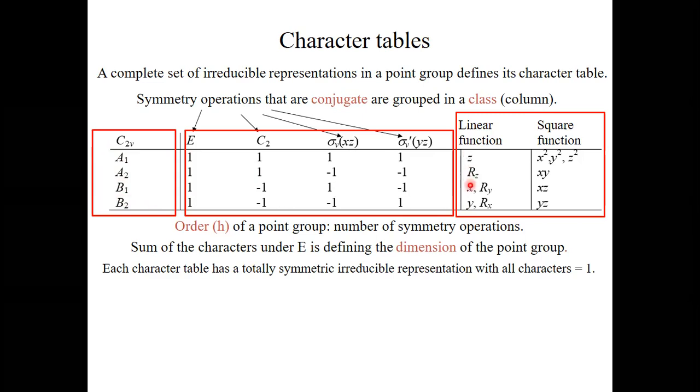In addition to the coordinates x, y, z, you see also three other symbols, Rz, Ry, and Rx. These symbols relate to rotations around a particular axis. So a vector can not only be linear, it can also be a rotational vector.